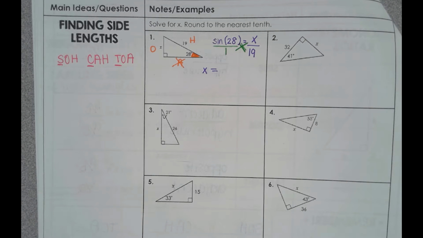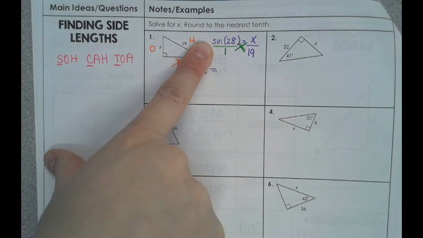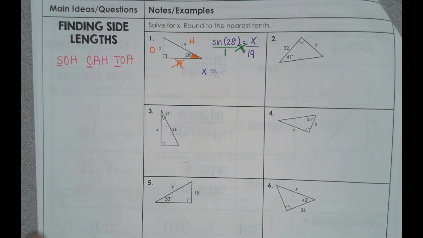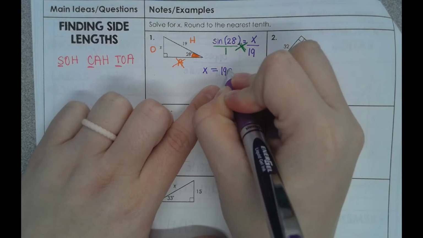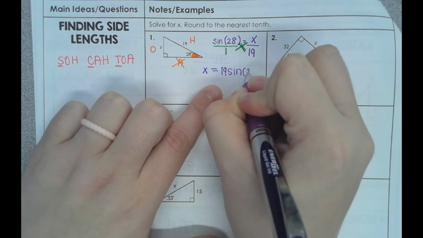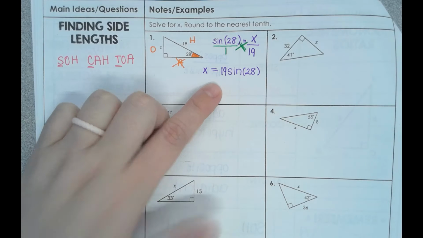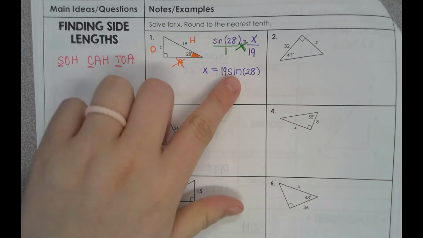When you have a number times your trig, you need to put the 19 in front. Otherwise, it's really easy to find sine of whatever 28 times 19 is. It's not the same. So always put what you're multiplying by in the front, so you don't have to worry about that. So 19 sine of 28.